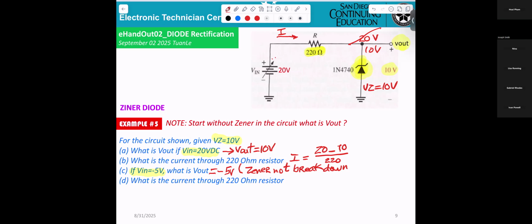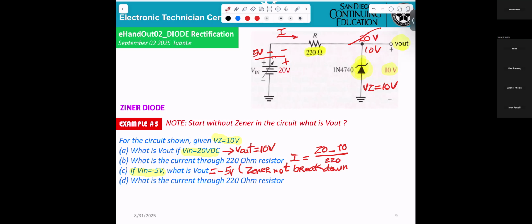So when you take the diode out, it will be -5.